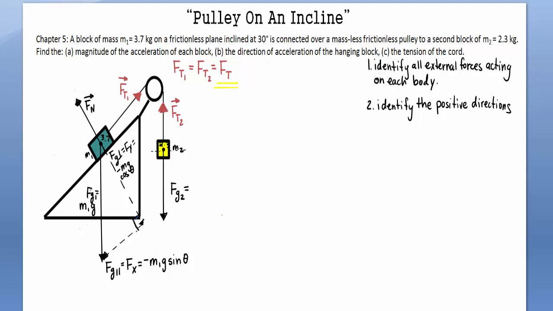Now, I would usually draw out a chart of the forces and how they're acting, but we've worked enough problems and we can see exactly what's going on. We have the force tension, and we have the parallel component of the gravitational force.